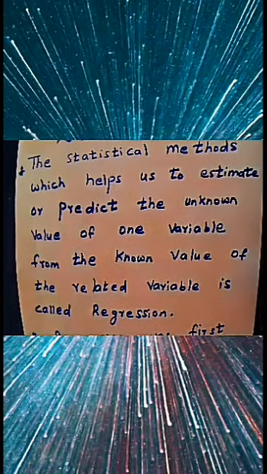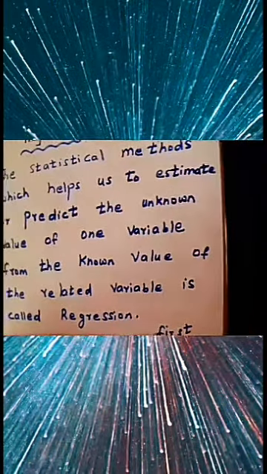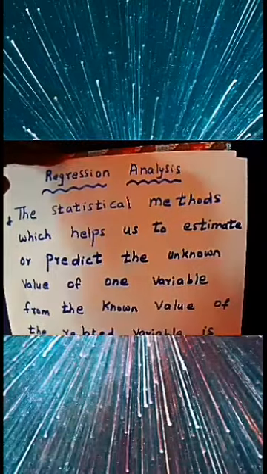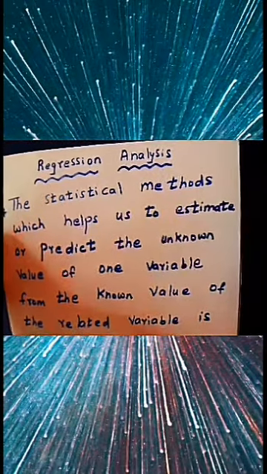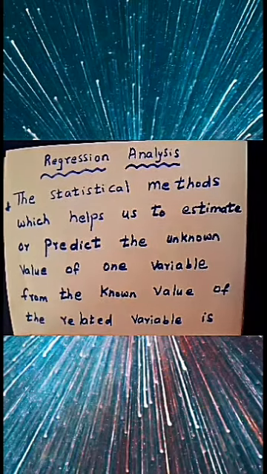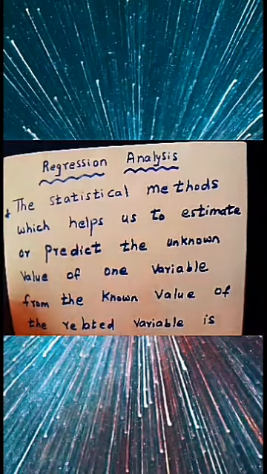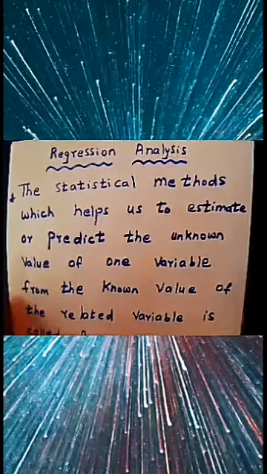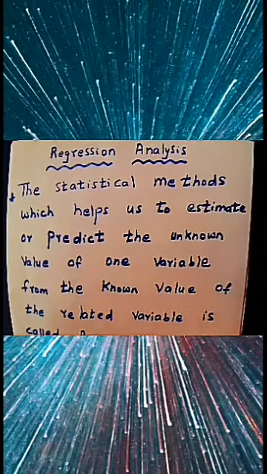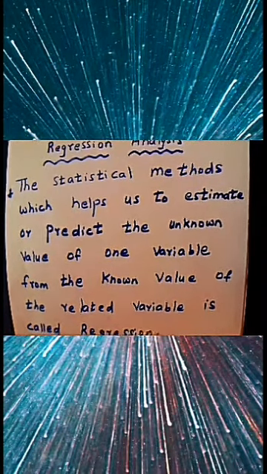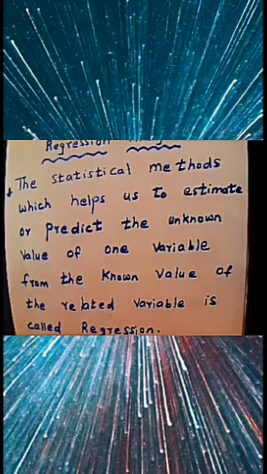We discussed correlation. In correlation, we discuss the relationship between the two variables, the x variable and the y variable. Now, the difference between regression and correlation: from the definition, you can say, students, in correlation, we identify the relationship between the two variables.